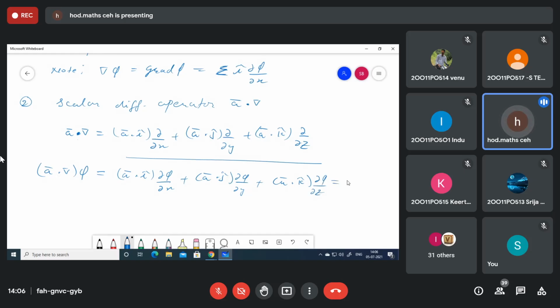So in summation form, I can write this as summation a bar dot i cap dou phi by dou x.